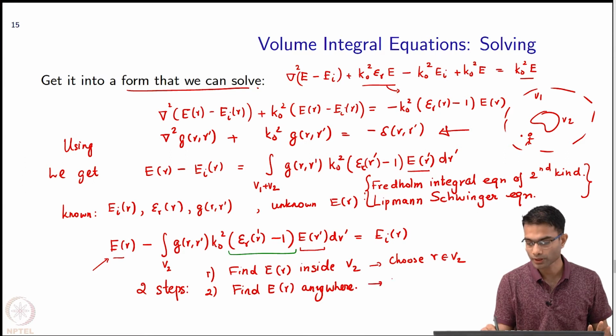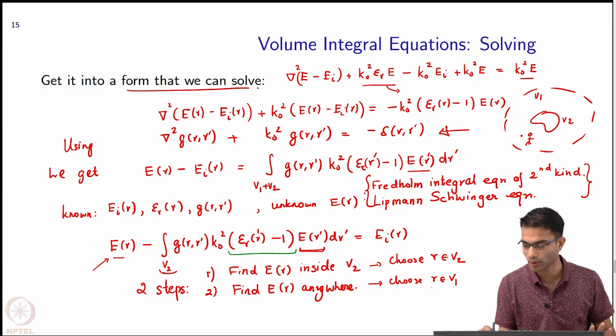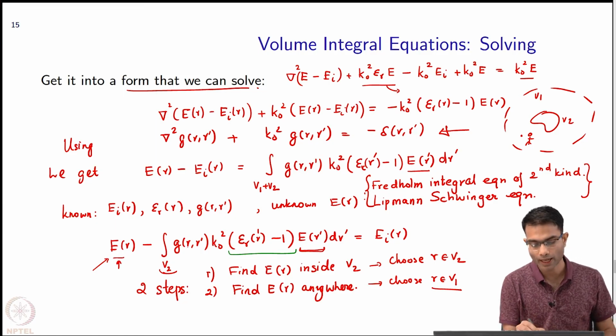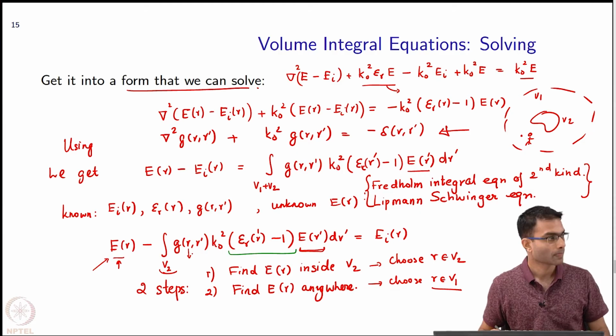Now, when I come to here and I choose R belonging to V1, then you see the domain of integration remains V2 over here. So, I still need E of R inside V2 even though I am putting R belonging to V1. R belonging to V1 goes in over here and everything else remains the same.